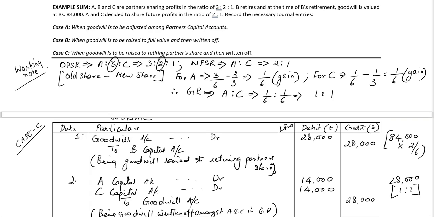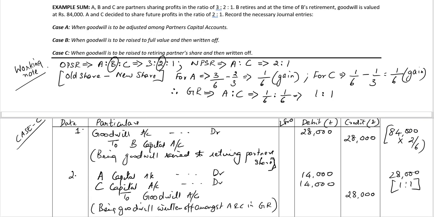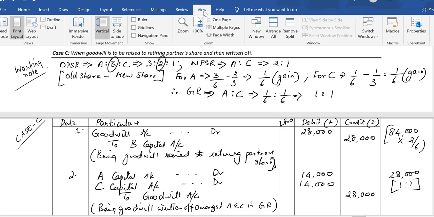So this is the answer to case C, where we use the third method of treatment of goodwill to solve this sum. I'll remove the split and we can see all the three answers together.